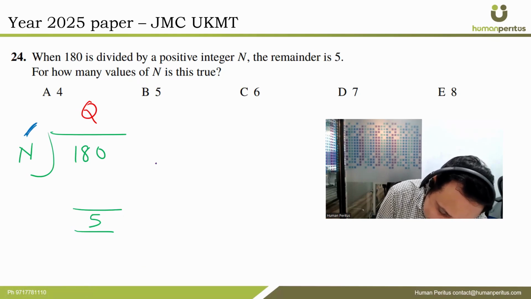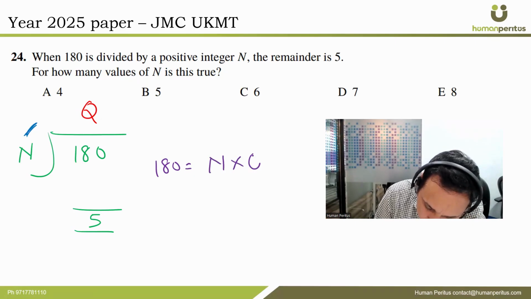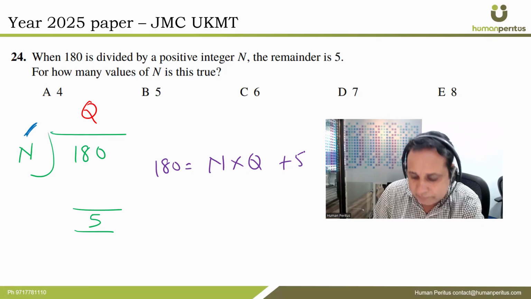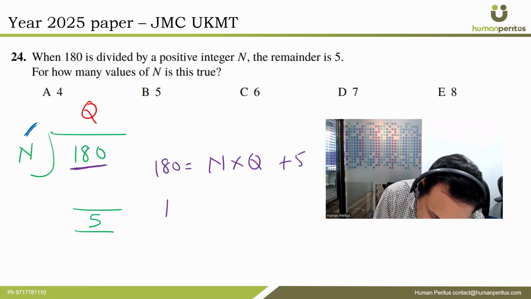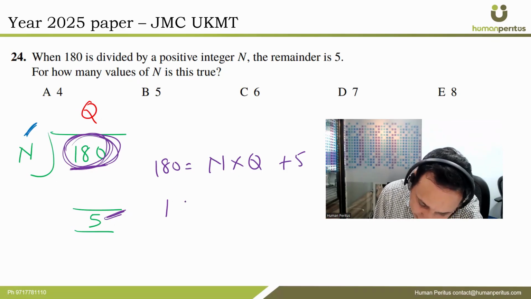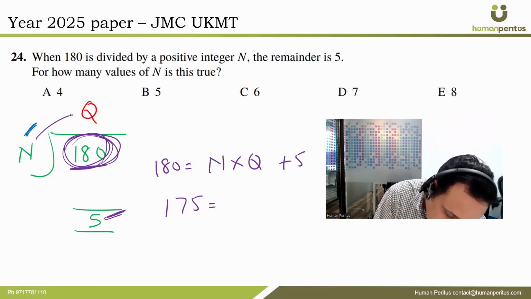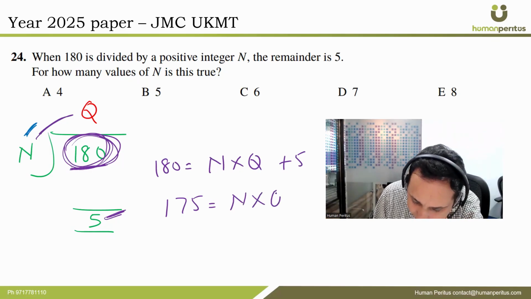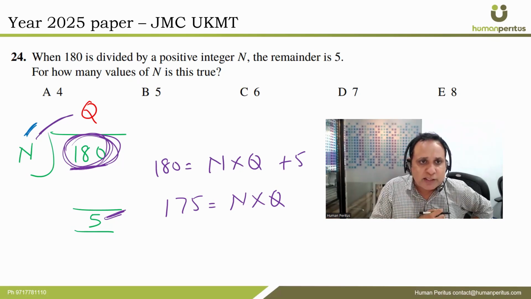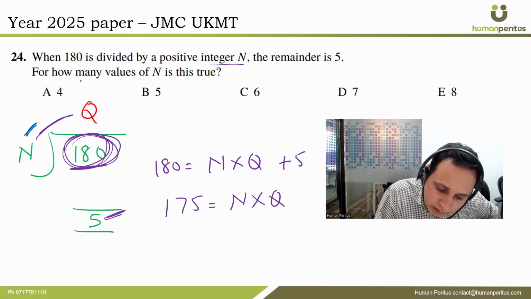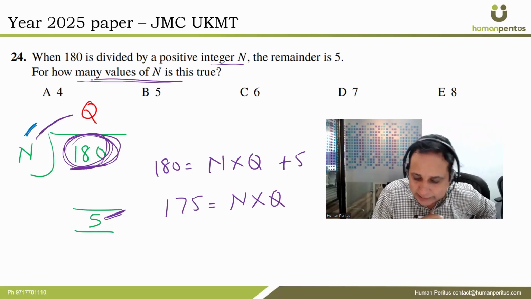My 180 is nothing but a multiple of n and q, and then I'll add my 5. It means that if I subtract the remainder 5 from this number, 180 minus 5, 175, this will be nothing but the multiplication of n and q. Now the question says n is a positive number. How many values of n can be there?